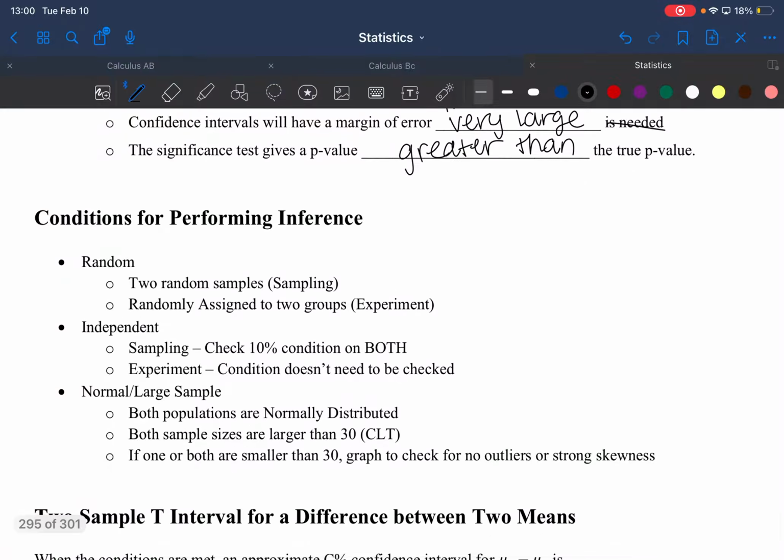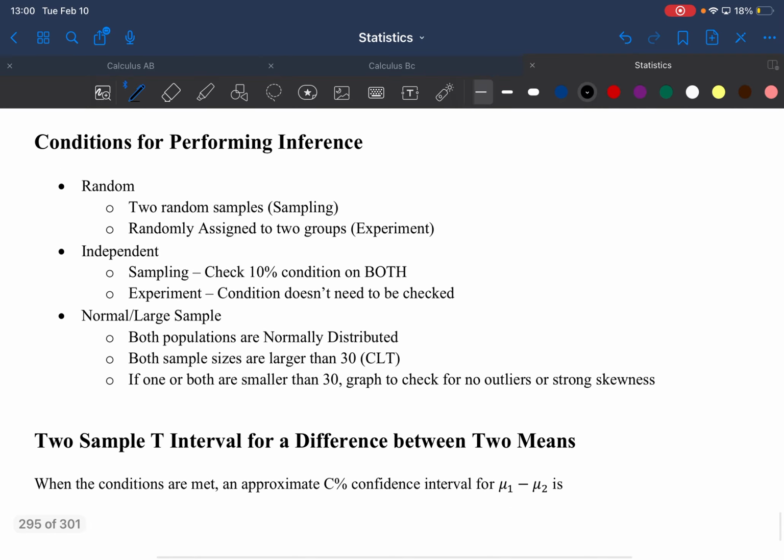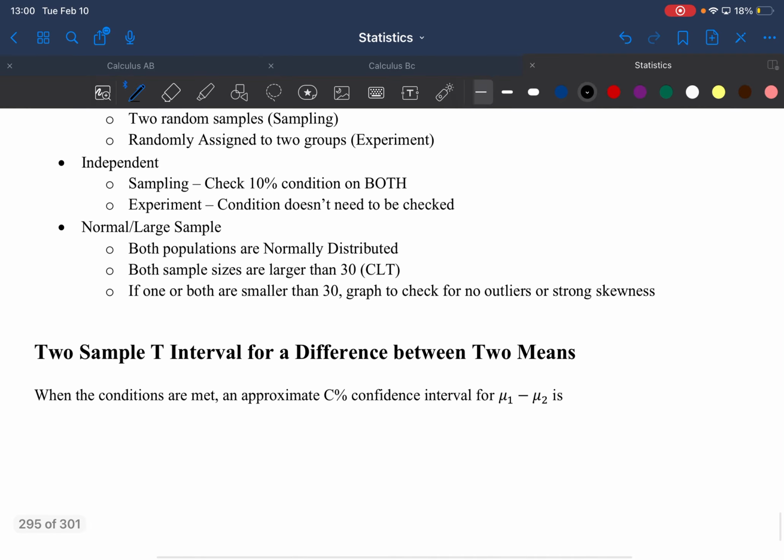And for normality, we're trying to prove that both populations are approximately normal, so we use the central limit theorem to prove that. If they are less than 30, we graph histograms and check for outliers and extreme skewness. So there's nothing really to write here. It's just a recap of what we just wrote down.